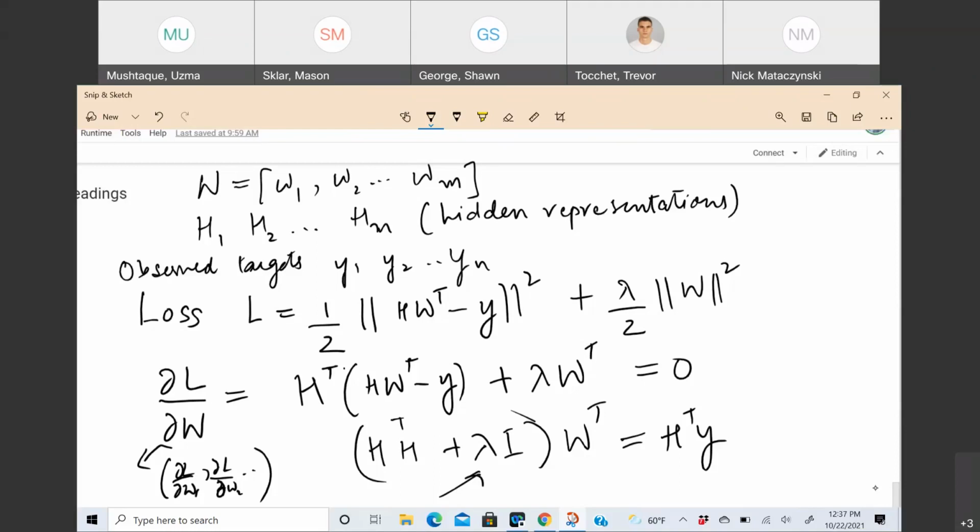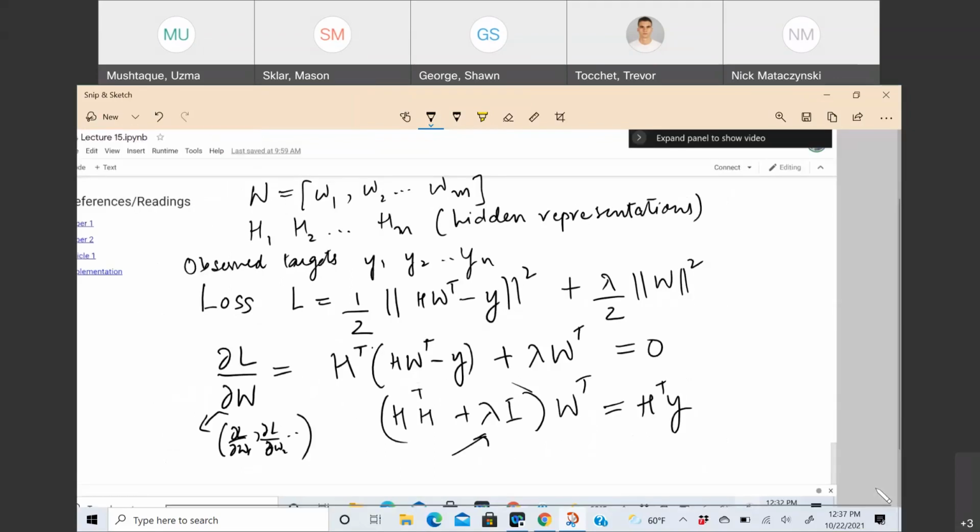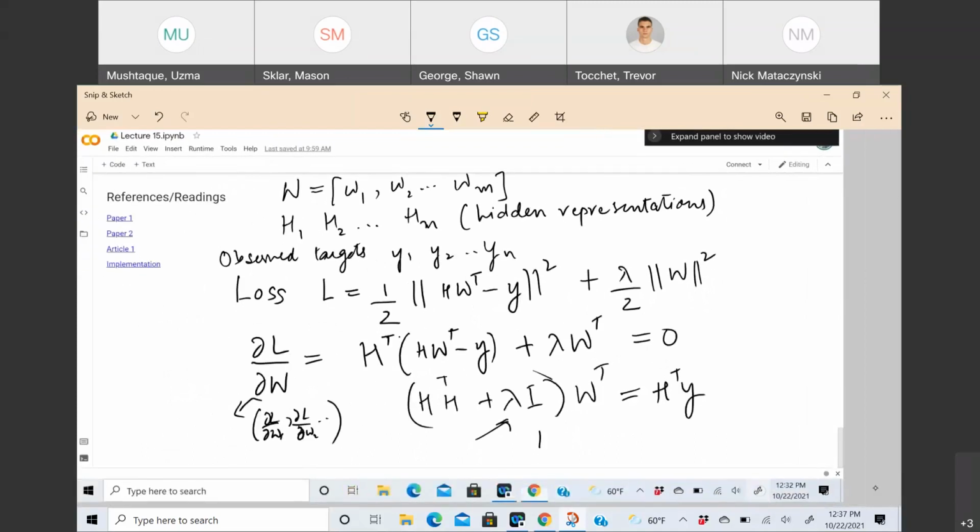So the point I'm trying to make is that even for radial basis functions, getting the final set of weights is pretty easy. It's just solving this equation, which is very similar to your linear regression. And we can have a closed form solution if this is invertible. So basically, let me just write it. We can just say my weights.